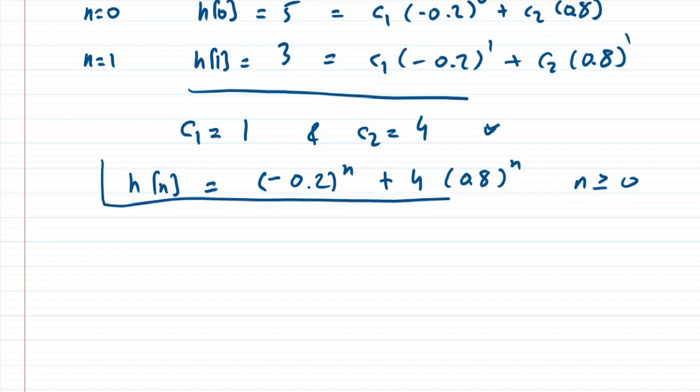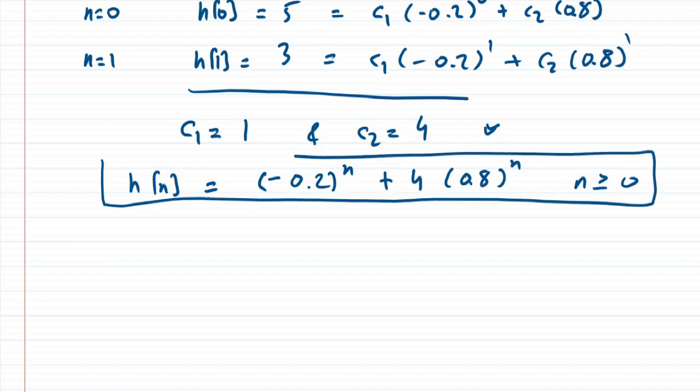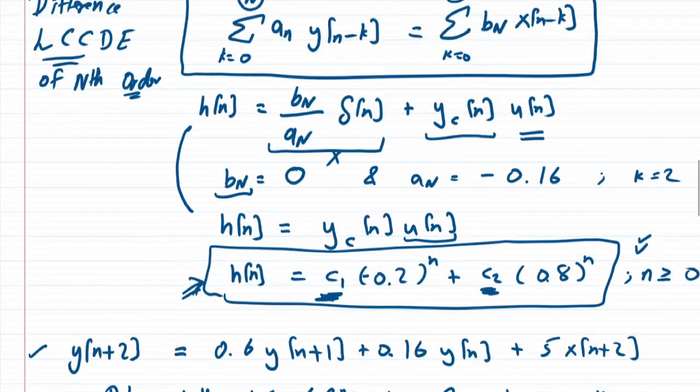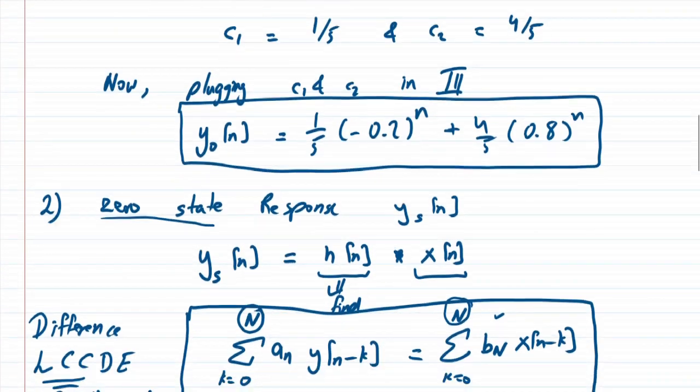So this is our impulse response. Now we have found the impulse response of this system, and the zero state response suggests that if you have the impulse response, all you need is just the input and you can convolve that with it, so you would get the zero state response.